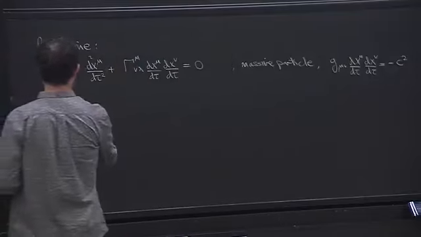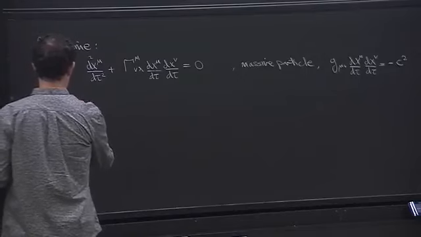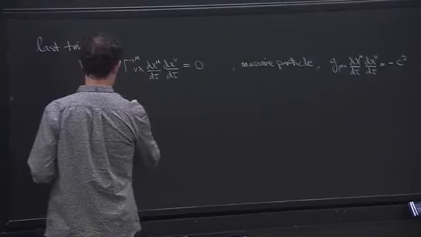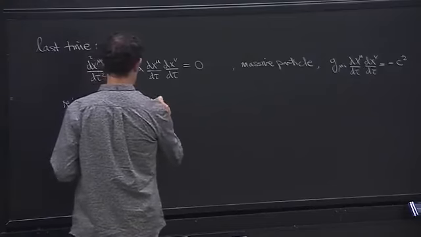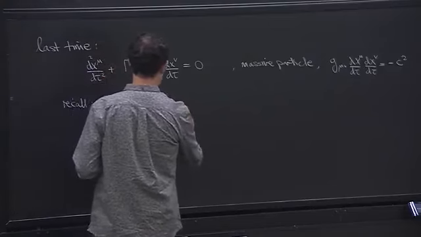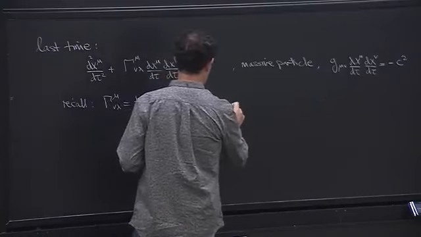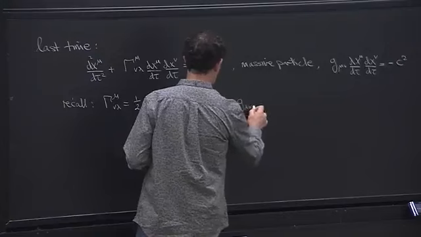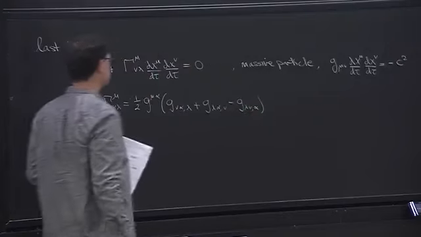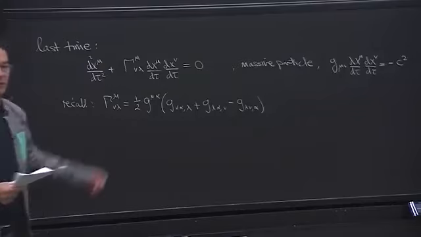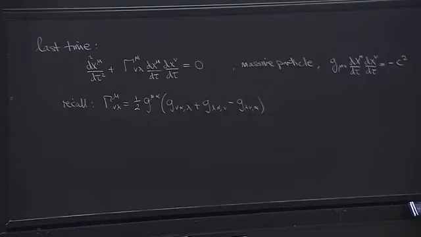You'll recall that gamma mu nu lambda is 1/2 g mu alpha times g nu alpha lambda plus g lambda alpha nu minus g lambda nu alpha, which we derived from varying the action for the massive particle.